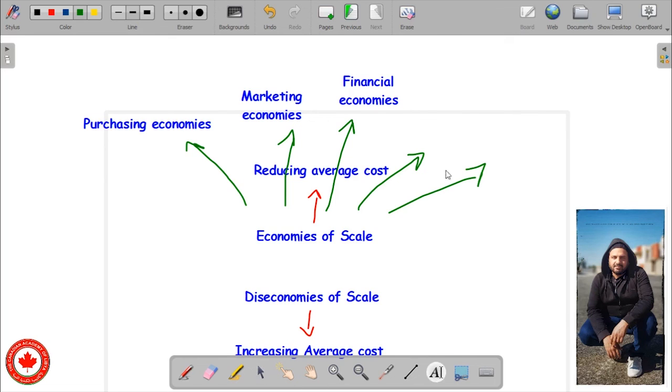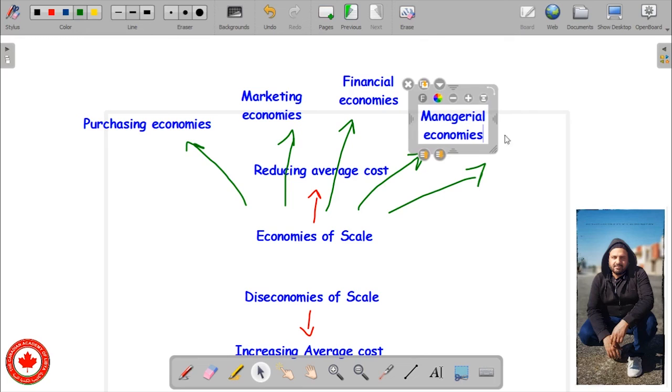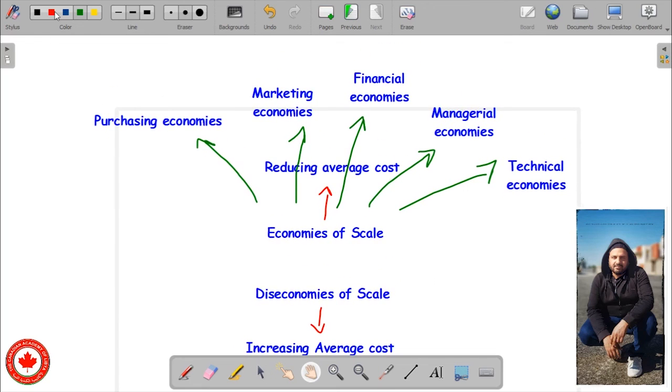Number 4, managerial economies. And lastly, technical economies. These are the factors that are considered factors of economies of scale.